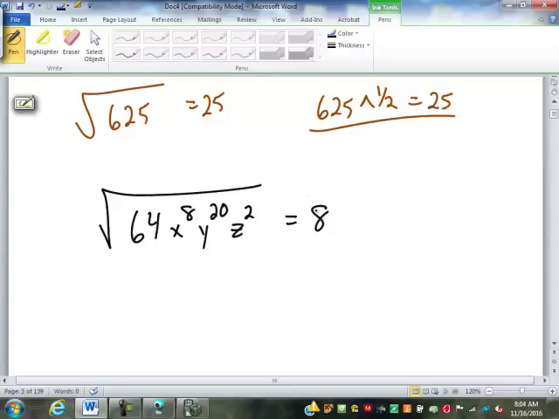I apply the root to the number just like a power applies to the number. Now for the variables, I have to divide the powers by 2. So the square root of x to the 8th will be x to the 4th. Y to the 20th, square rooted, will become y to the 10th. And then the square root of z squared is z to the 1, or just z.